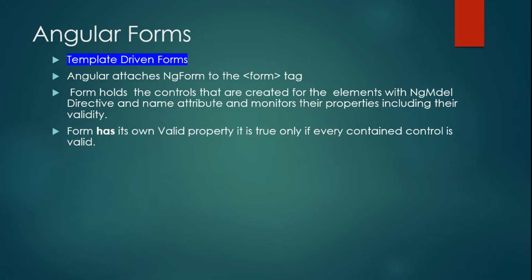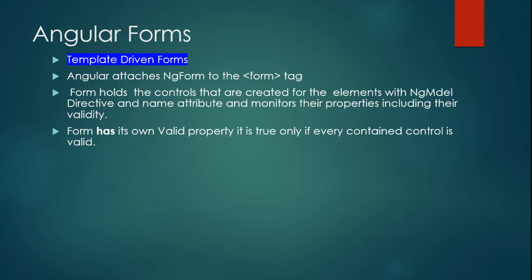The form has its own valid property. It is true only if every contained control is valid. So the form monitors the validation status of the form input elements, and that sets the valid property of the form. The ngForm directive can be exported to a template reference, and through that template reference we can access the valid property of the form.